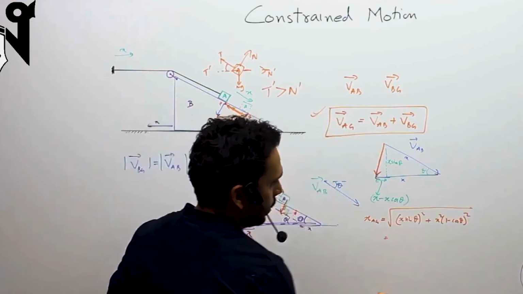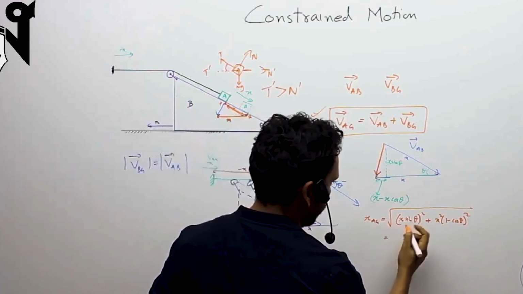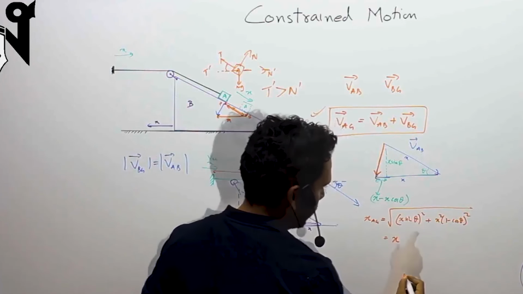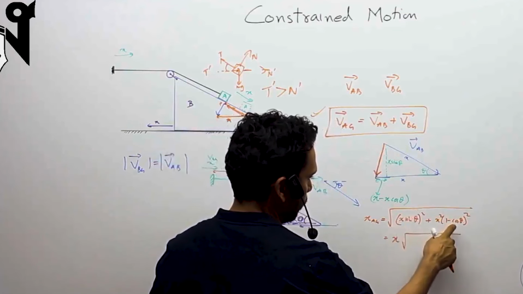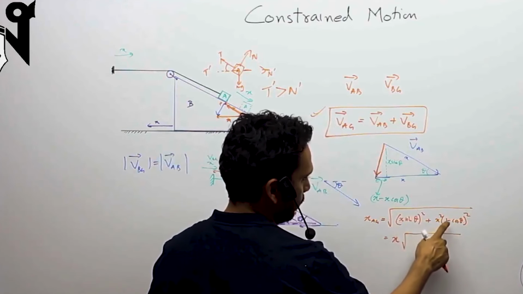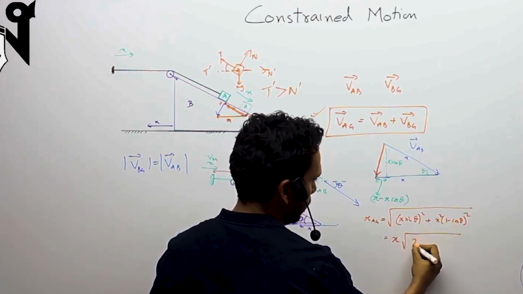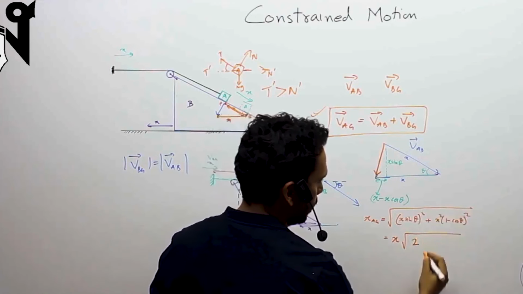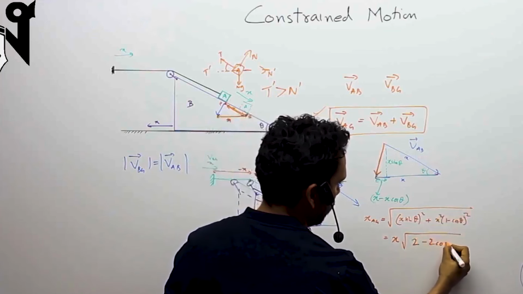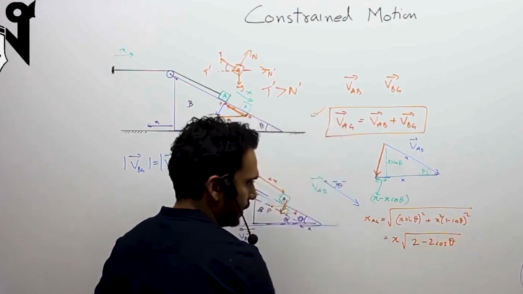If you work on that, you'll get x squared outside the root, so it becomes x sine square theta plus, we have a sine square theta from here, cos square theta from there, that gives you a 1. Then we have a 1 from here, that gives you another 1, so you'll get a 2. And then you have a minus 2 cos theta over there.